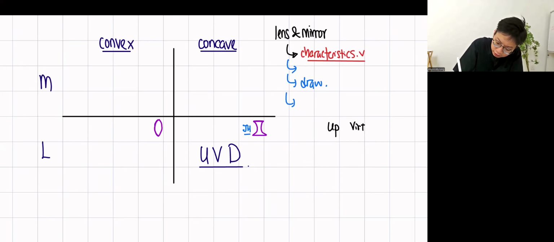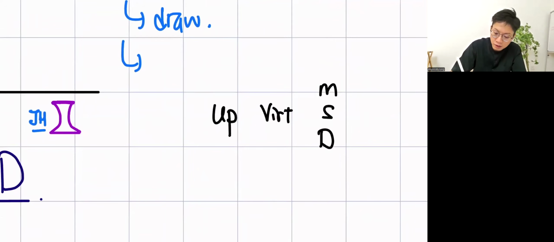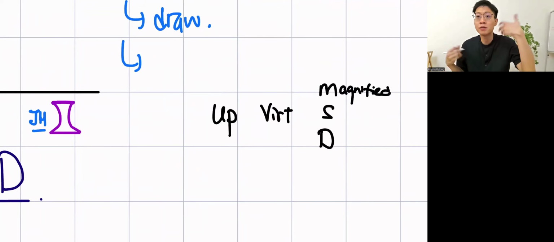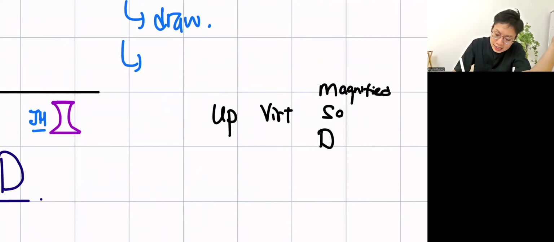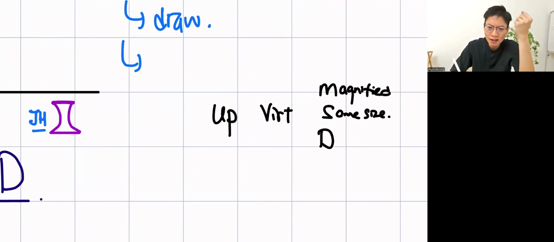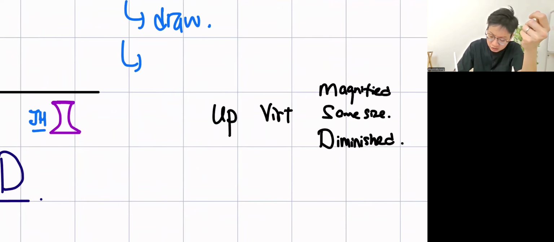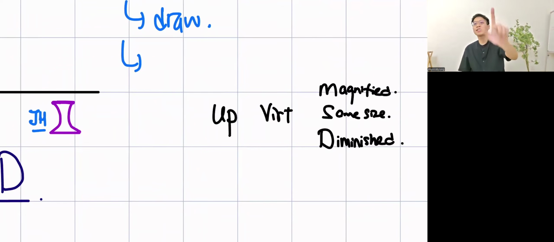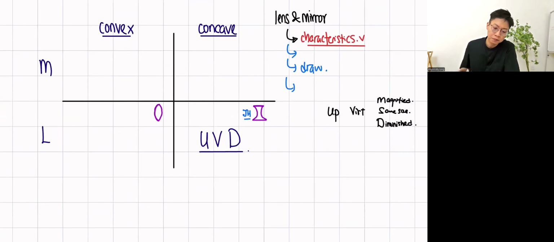For the third one, it could be quite confusing. There's M, S, D. M stands for magnified, which means become bigger. S stands for same size, which means same size. Then D stands for diminished. So we got magnified, same size and diminished. Therefore, this is your U very dog: upright, virtual, diminished.